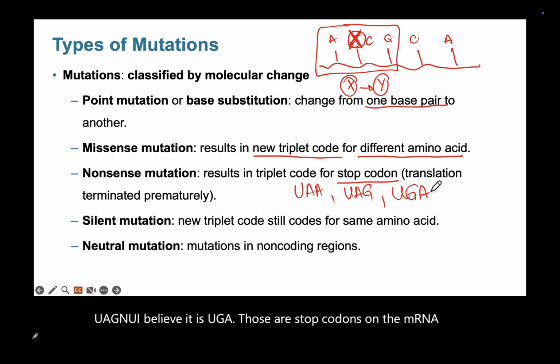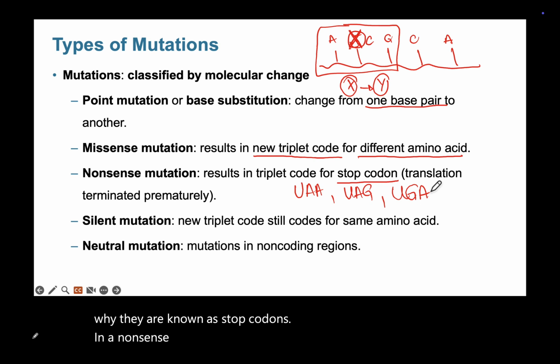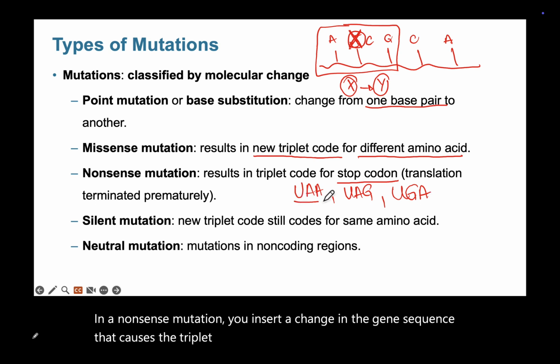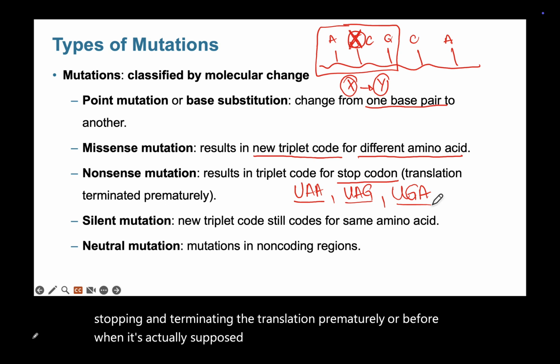Here, they do not carry any amino acid. That's why they are known as stop codons. In a nonsense mutation, you insert a change in the gene sequence that causes the triplet to look like this, or this, which results in terminating the translation prematurely, or before when it's actually supposed to terminate.